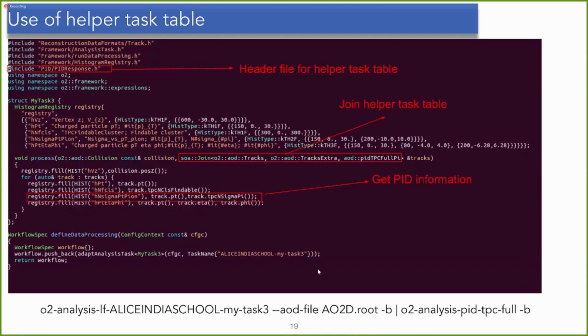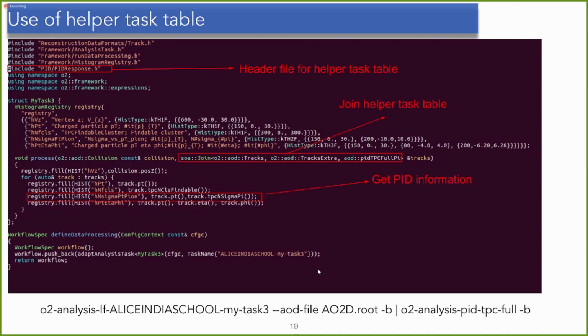Now, in my earlier slide, I mentioned that in addition to the default AO2D tables, we also have some helper task tables like the PID table. These helper task tables basically store some additional information which we need during our analysis, for example, PID.